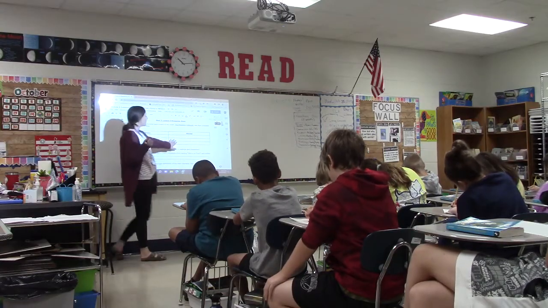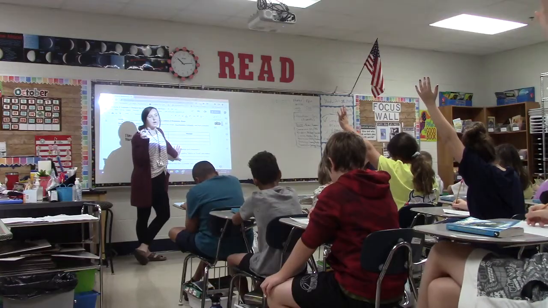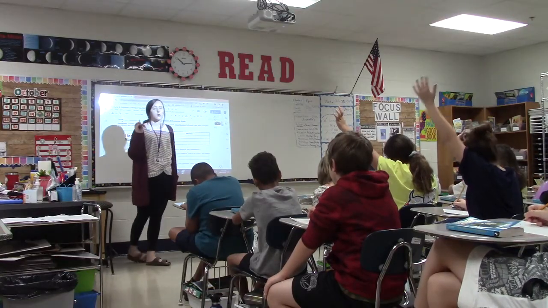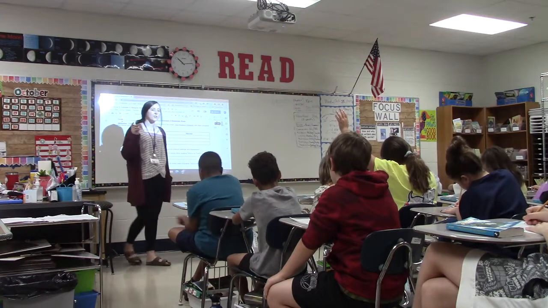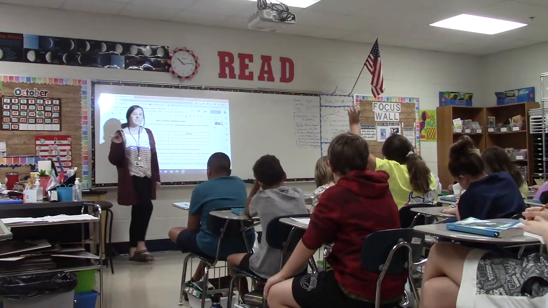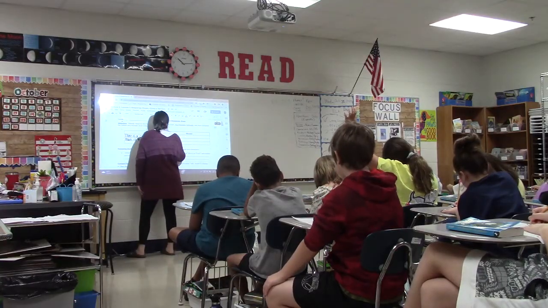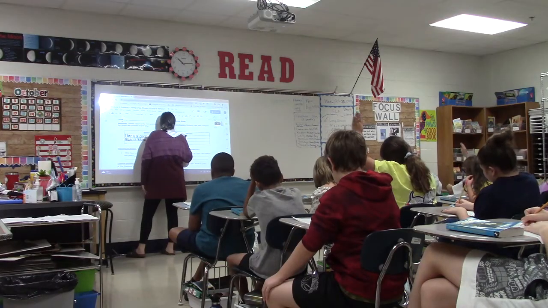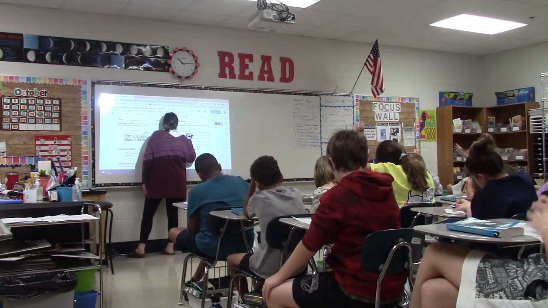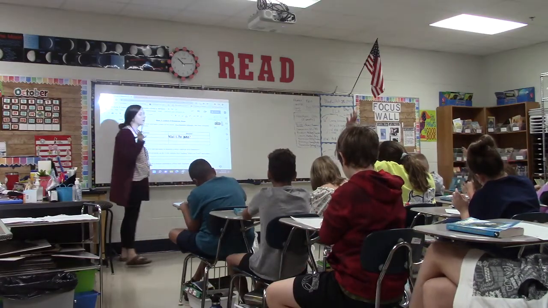Okay, let's move over to our wonder. What are some things that we wonder about after looking at the front and back of our book? Carson. I wonder what this creature is. You wonder what that creature is? It does look really different. Looks like a mean rabbit. Okay, what's another wonder?